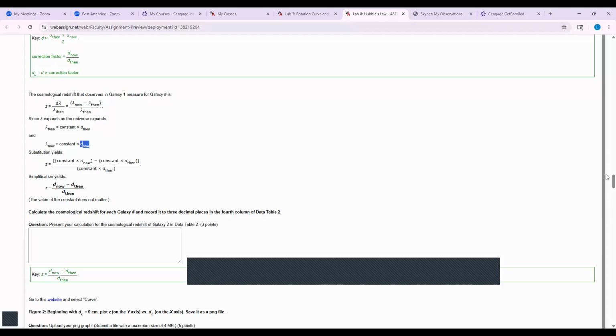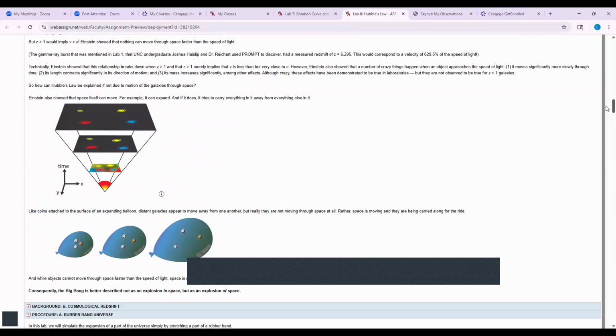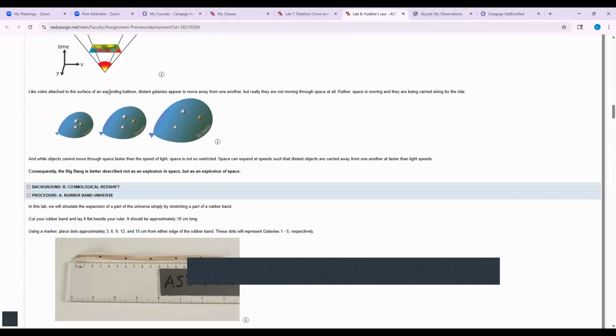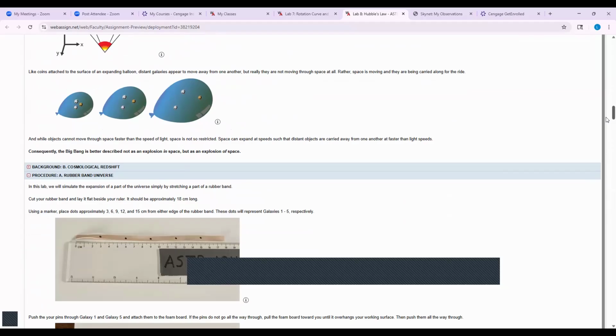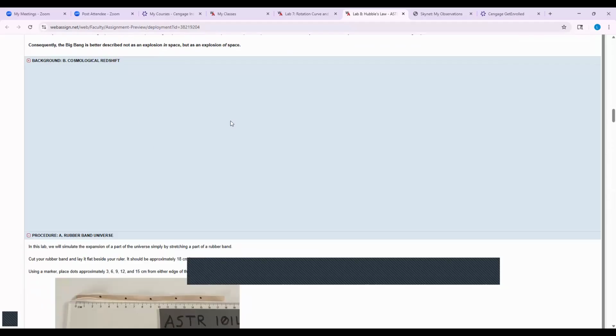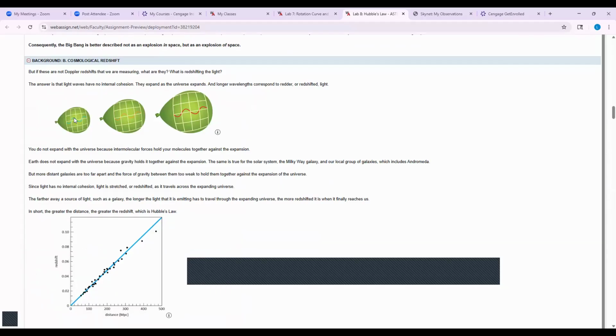And why has it happened? This is based on this concept that we learned here. The space is expanding, therefore the distance is changing. And when the distance is changing, that shows the cosmic wavelength, the wavelengths are also expanding. Therefore, the expansion of the universe is equal to the expansion of the wavelengths.